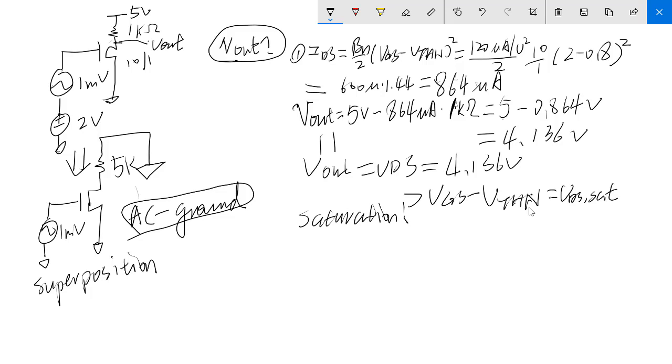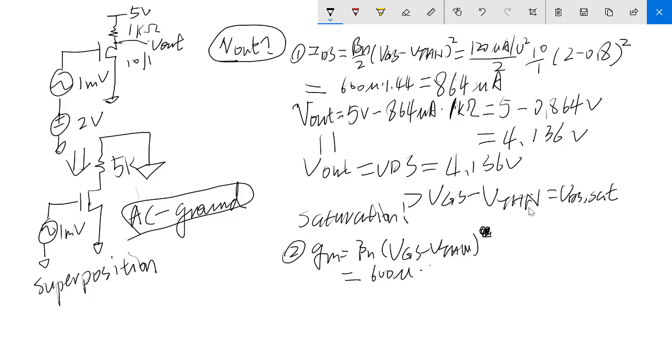So now you can feel free just to use GM to calculate the IDS. So GM equals what? Beta N times VGS minus VTHN, not squared. Your beta will be 600 micro times what?